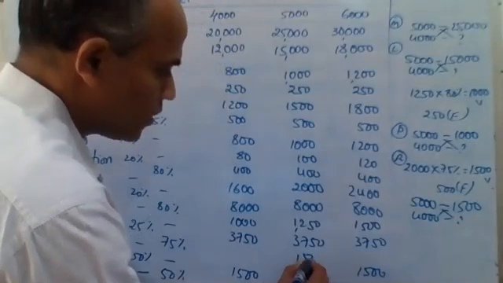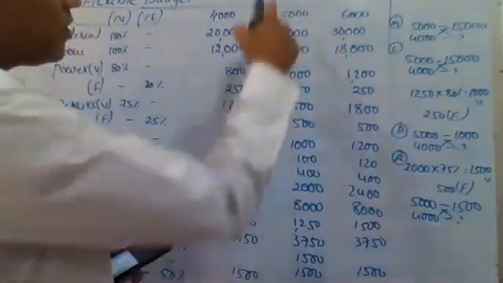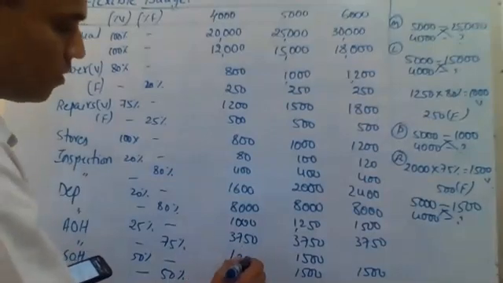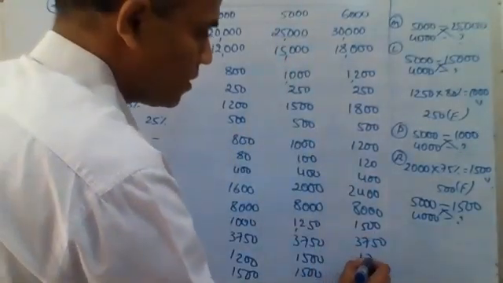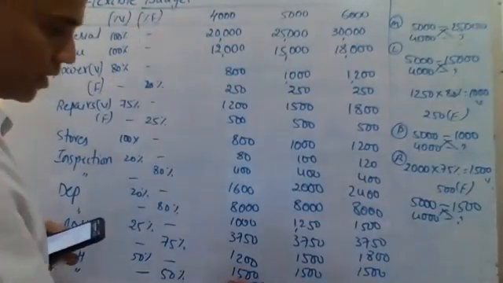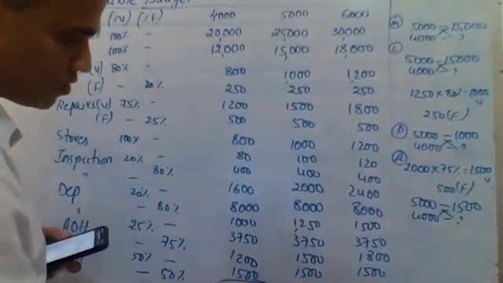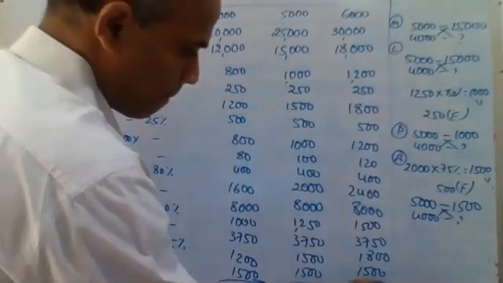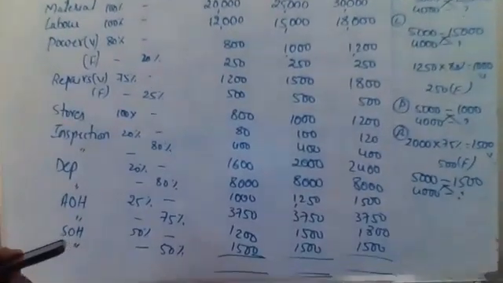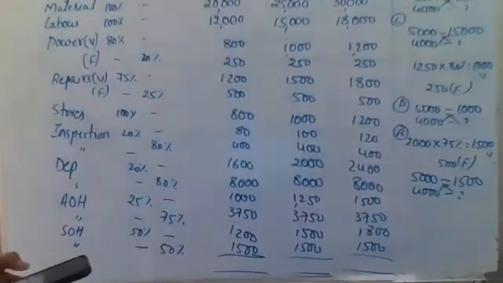Remaining 1,500 is variable. For 5,000, if it is 1,500, for 4,000, it will be 1,200. For 6,000, it will be 1,800. This is what you have to do. Simply take the totals of all the levels, and that should give you the answer.